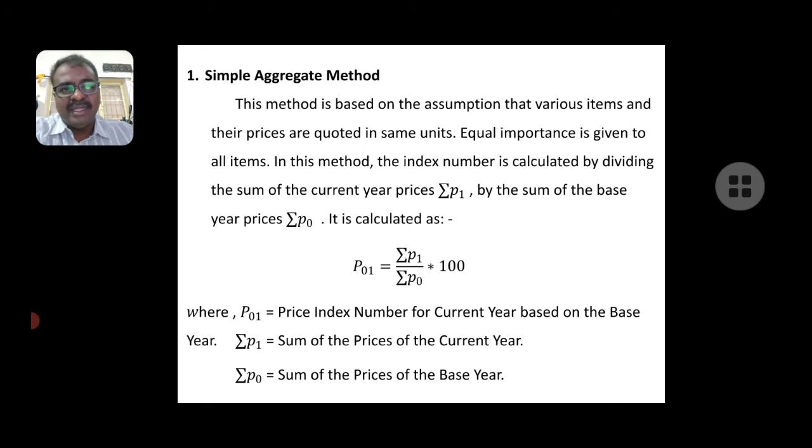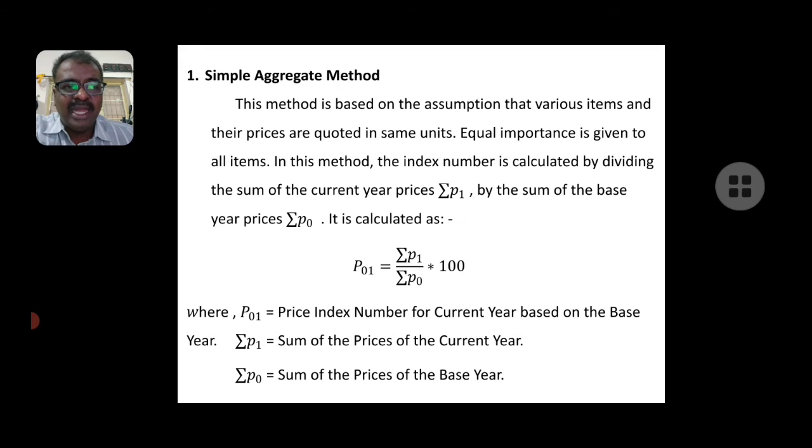The assumption in this method is that equal importance is given to all the items, and further that all the items and their prices are quoted in the same units. So in this method, the index number is given by dividing the sum of the current year prices, that is sigma P1, by the sum of the base year prices, which is sigma P0.